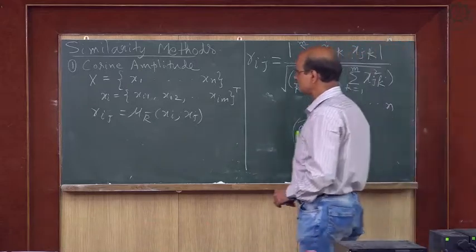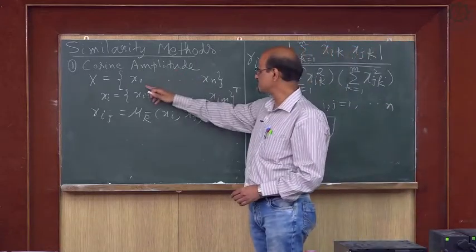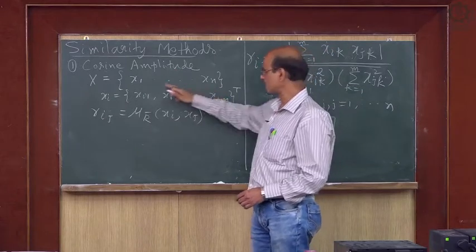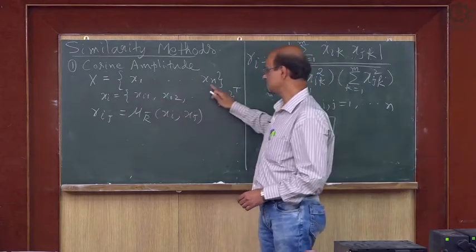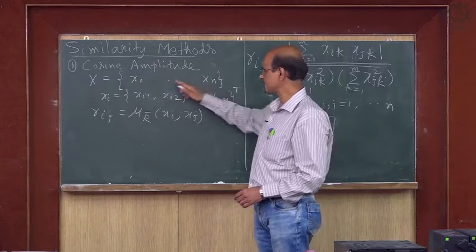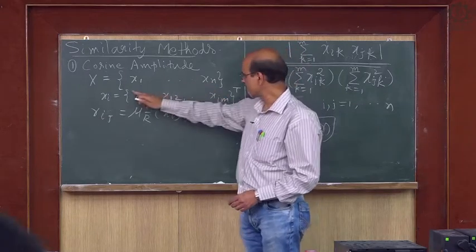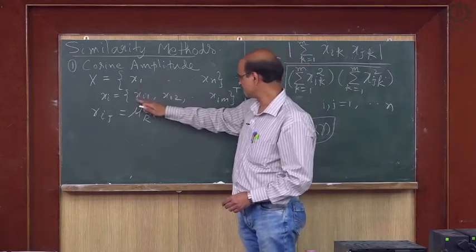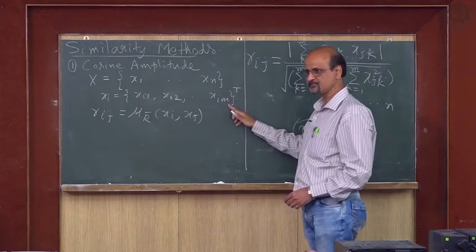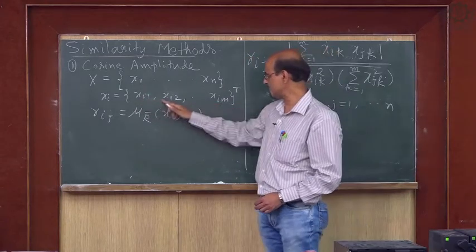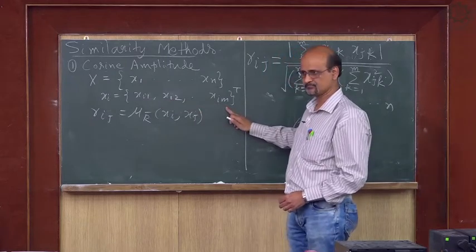In the cosine amplitude, I already defined that these are data samples, capital X is x1 up to xn, that means I have n data samples, where each xi is given by an m-dimensional vector, that is xi1, xi2, up to xim, okay?